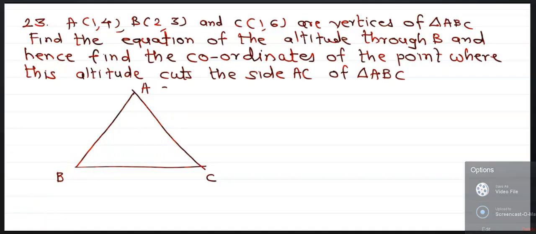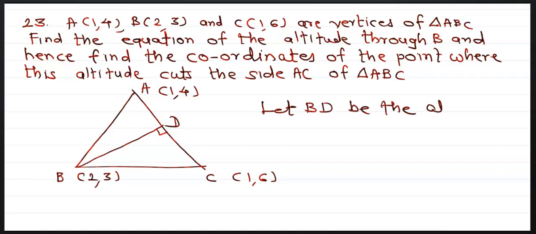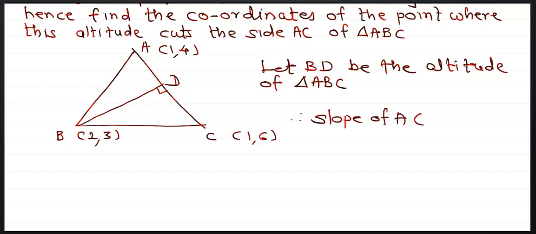Let BD be the altitude of triangle ABC, so BD is perpendicular to AC.